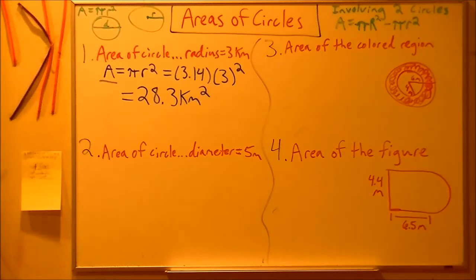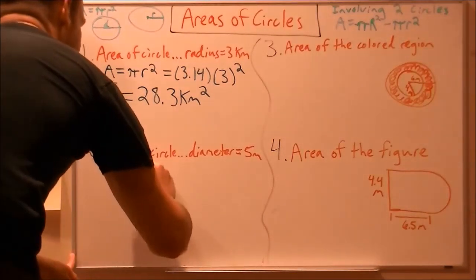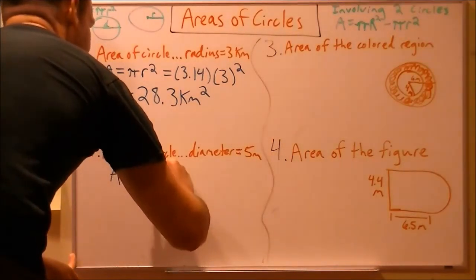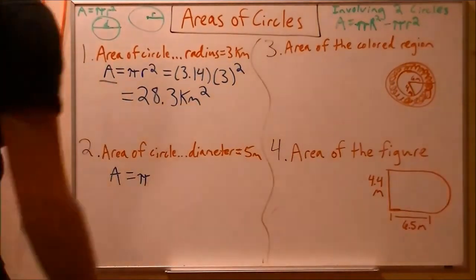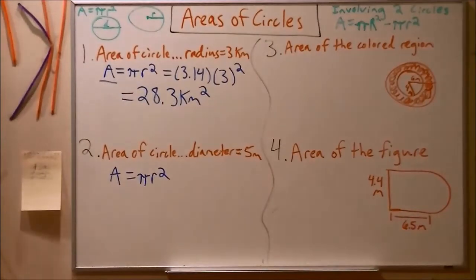Let's find the area of a circle if I'm told that the diameter is 5. Okay, let me first write what my formula for finding the area of a circle is. A equals pi, say it with me, A equals pi r squared. So I have to have a radius to square it.